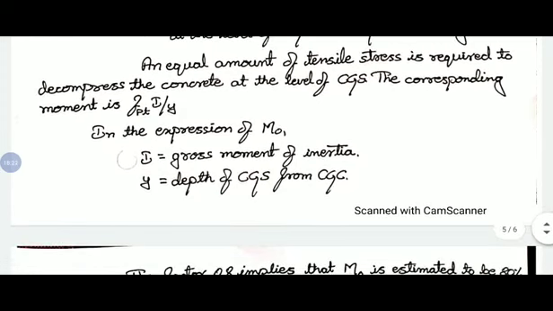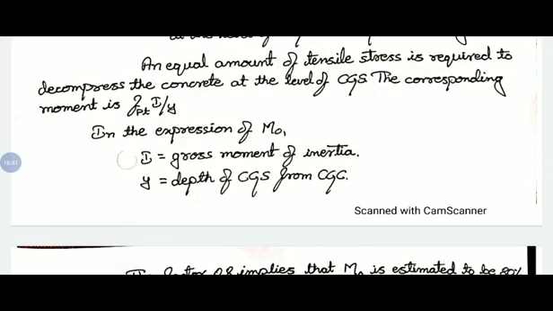An equal amount of tensile stress is required to decompress the concrete at the level of CGS. CGS means the center of gravity of the steel, or the center of gravity of the tendon you are providing. So the corresponding moment is Fpt into I by Y.